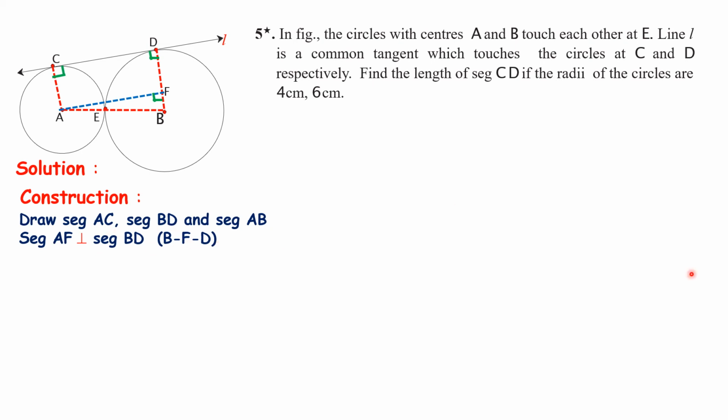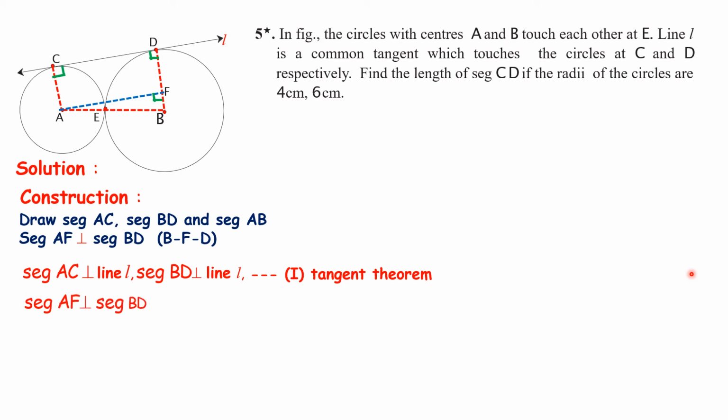Now, segment AC is perpendicular to line L, segment BD is perpendicular to line L. This is statement number 1, tangent theorem. Segment AF is perpendicular to segment BD. This is 2, construction. From 1 and 2, quadrilateral ACDF is a rectangle because three angles are 90 degrees, therefore the remaining angle is also 90 degrees.